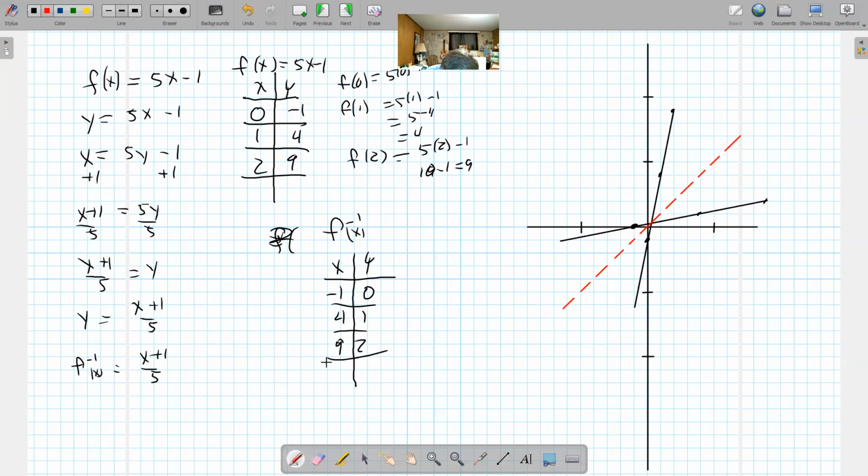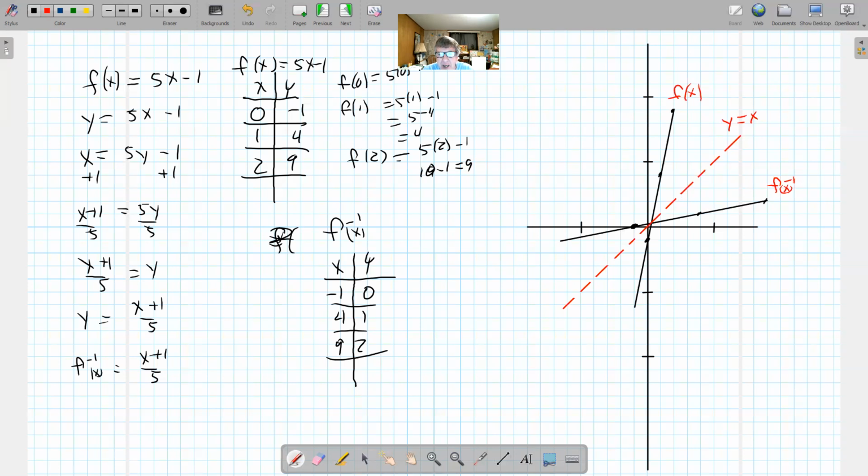So this is the line y equals x. This first one is f of x, and this is f inverse of x. What I want to point out is that graphically, a one-to-one function and its inverse are symmetric about the line y equals x.